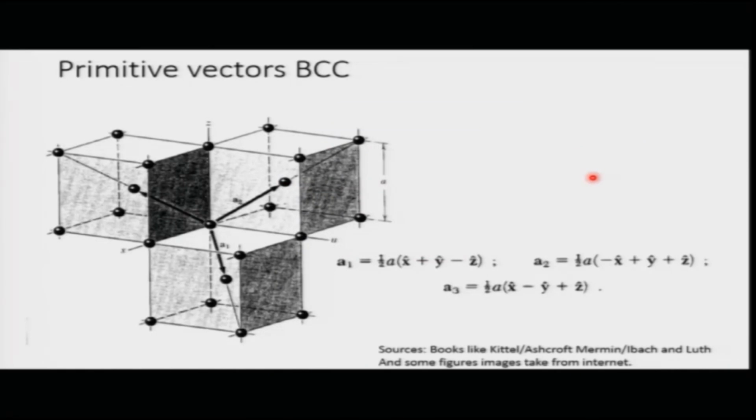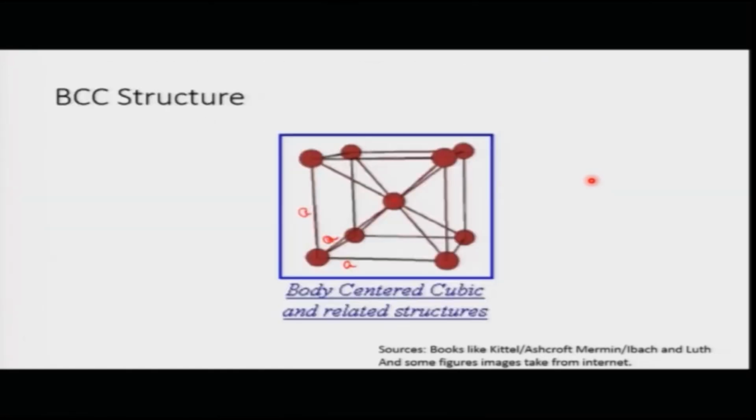Now, for this body centered cubic lattice of atoms, you can translate this entire structure over the entire space. You can move this set of points along the x, y, z, minus x, minus y, minus z directions, and you will fill up the entire space.